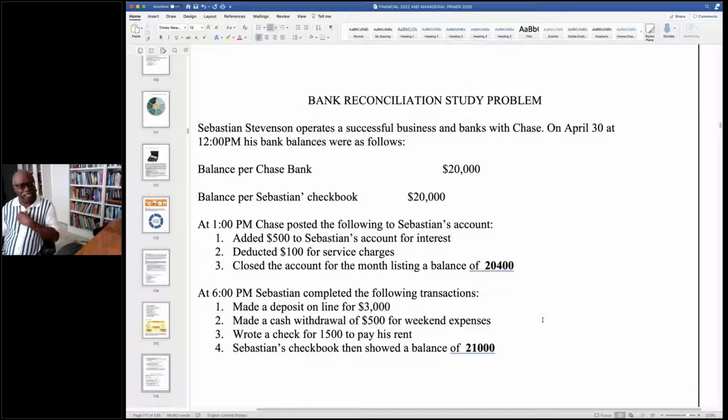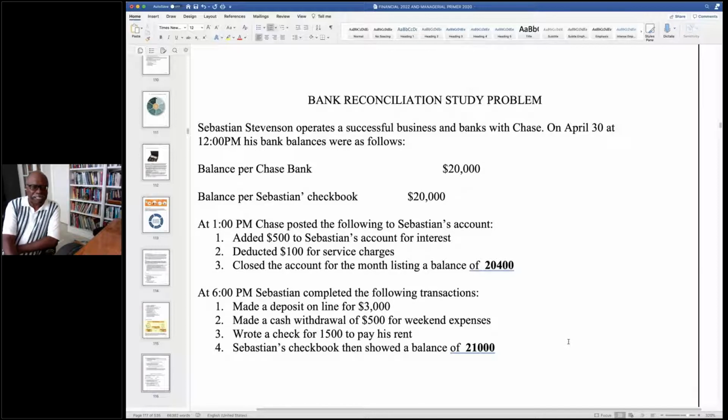How much cash does Sebastian really have? Is it 400? He just got $400. 21,400. Yeah, let's get to 21. How much the man got, $400? He said he got $400.